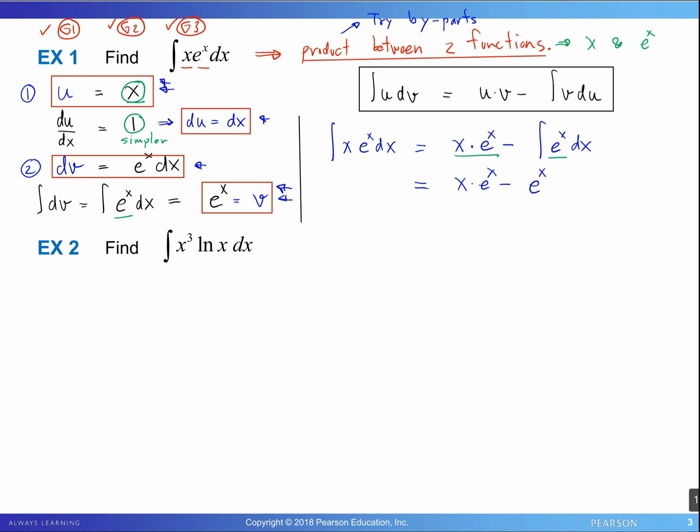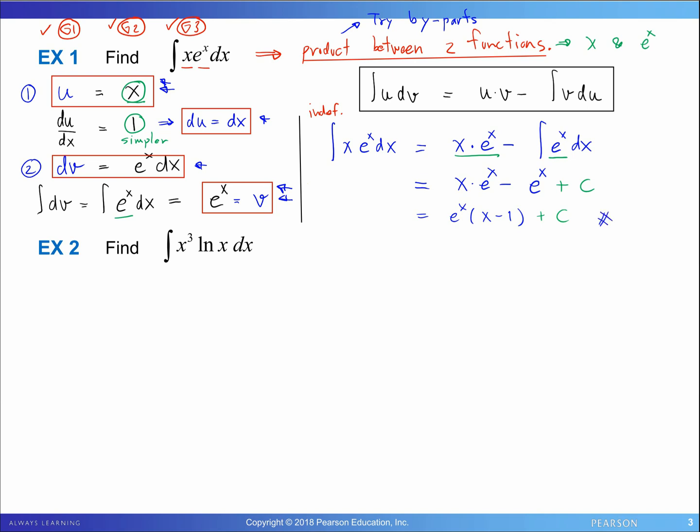As you can see, this is an indefinite integral. It means that we must have a constant c at the end. Now let's take the common term to the front: e to the power of x times x minus 1, and don't forget to have the constant c at the end. And that is the answer for example number 1.